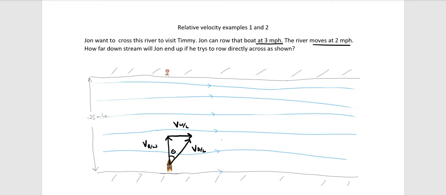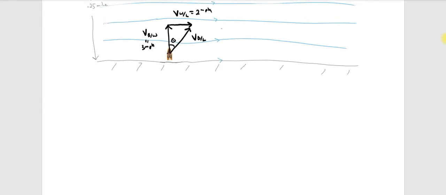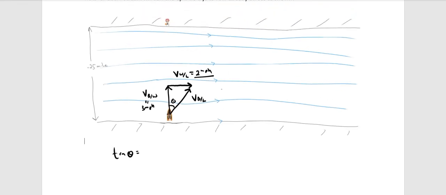Now, the river here is moving at 2 miles per hour, and John can row that boat at 3 miles per hour. The trig function that relates those is the tangent function. So the tangent of the angle theta is equal to opposite divided by adjacent.